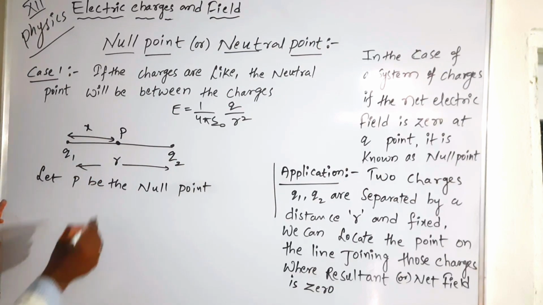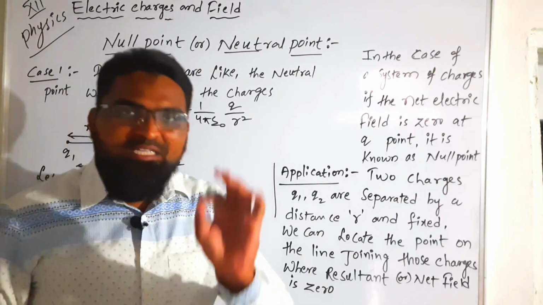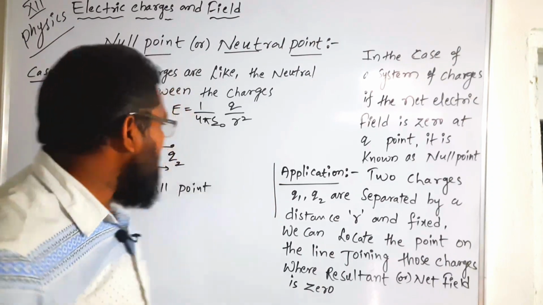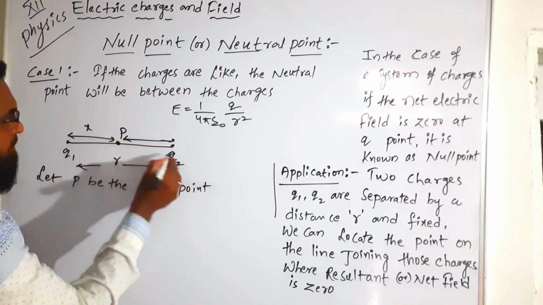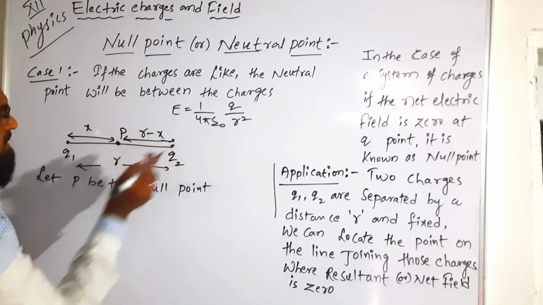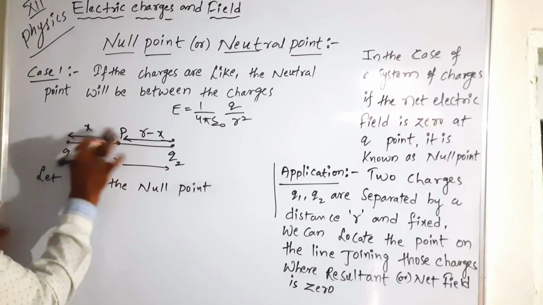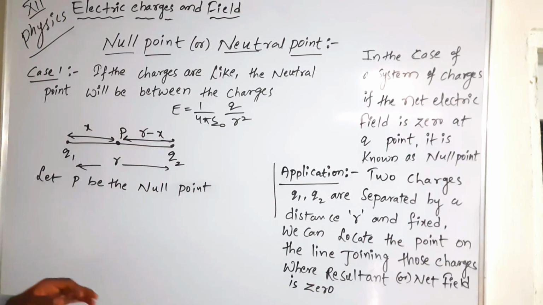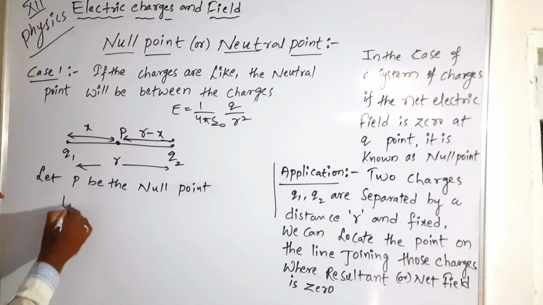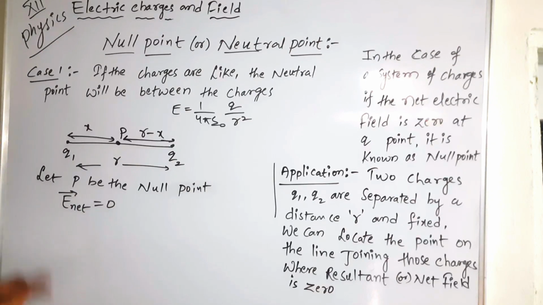At point P there is some charge Q0, that is the unit test positive charge. Similarly, the distance from point P to Q2 is R minus x. The total distance is R, so Q1 to P is x distance and the remaining distance is R minus x. So now the net electric field in vector form is equal to 0.